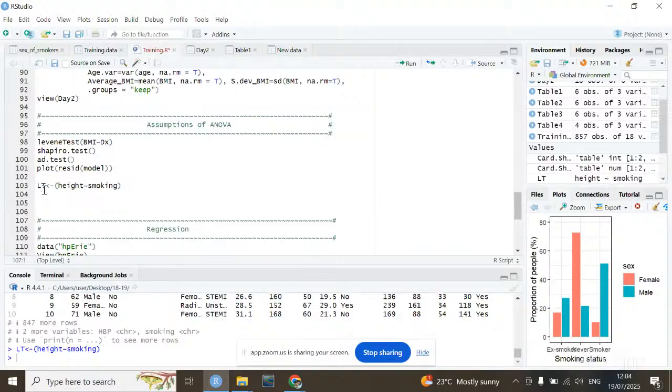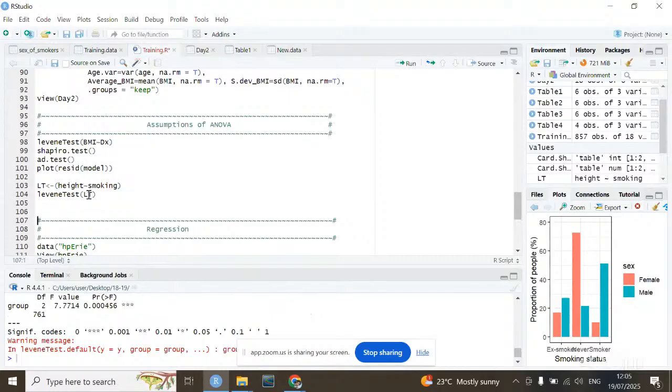So if we have to do Levene's test, we use this one down, then put in our function there.